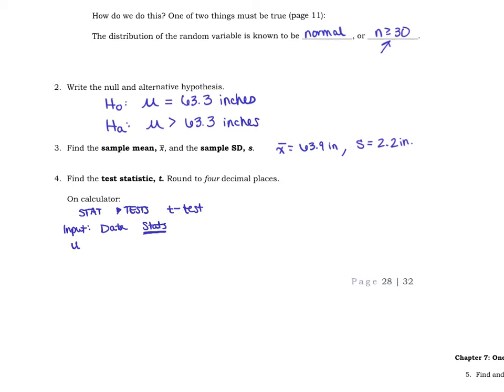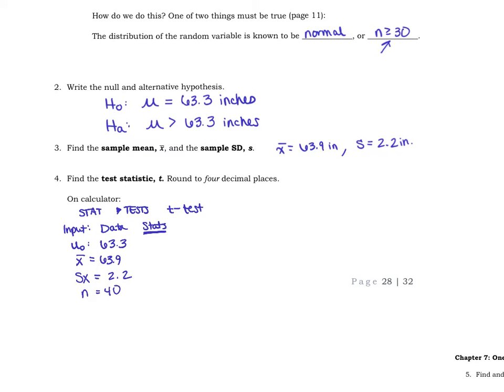Then as you work your way down, you're going to get the null hypothesis, so 63.3 inches. It's going to ask you what x bar is, that's the 63.9 inches. It will ask you what the standard deviation is. Again, we use s, the calculator uses Sx, 2.2. n is 40.